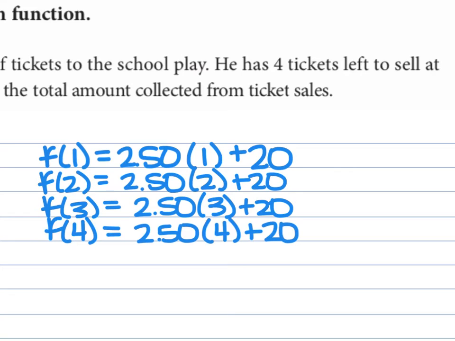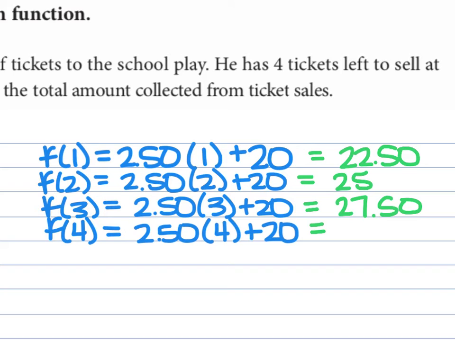So this 2.50 plus 20 is going to give us 22.50. The 2.50 times 2 is 5, and 5 plus 20 is 25. The 2.50 times 3 plus the 20 is 27.50.